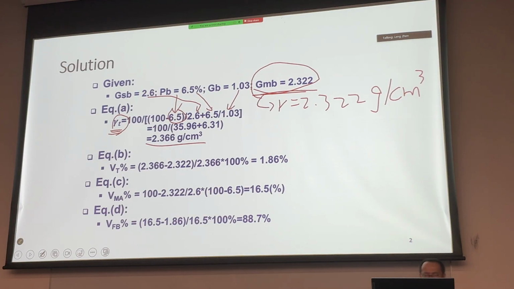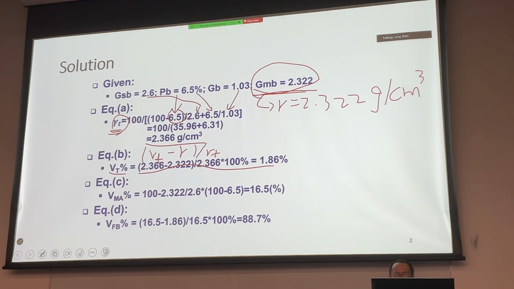Then for calculating air voids, we know it should be equal to gamma t minus gamma, divided by gamma t, times 100%. Then we can just plug all the values into this equation.